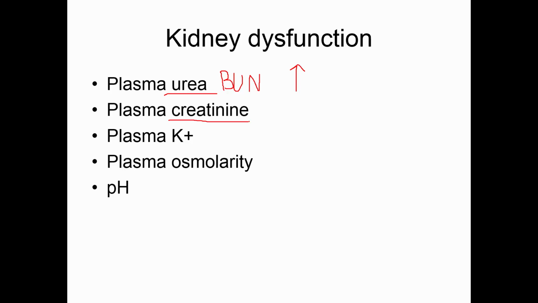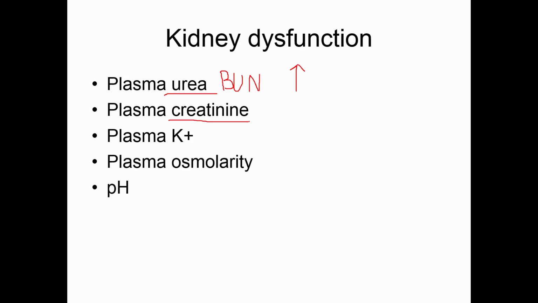Plasma osmolarity. Plasma osmolarity should be 295 to 300 milliosmolar. And if you are unable to regulate the concentration of your urine, you might expect changes in plasma osmolarity. You might expect plasma osmolarity to go up because you'd be losing fluid in the urine.